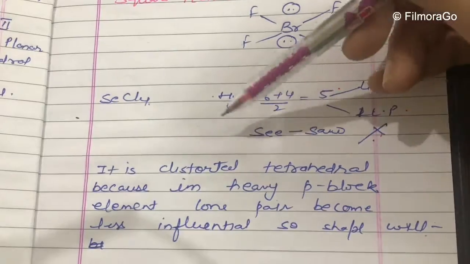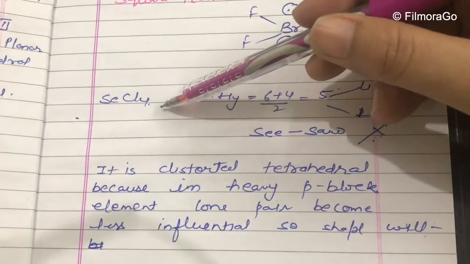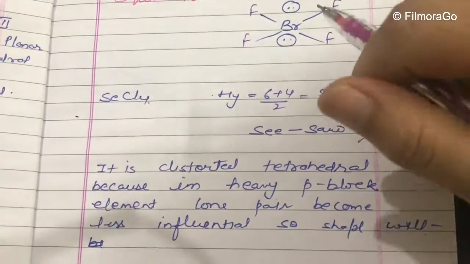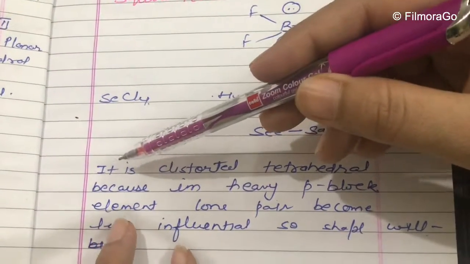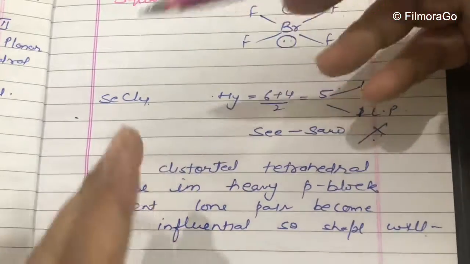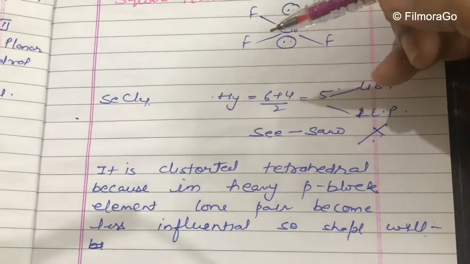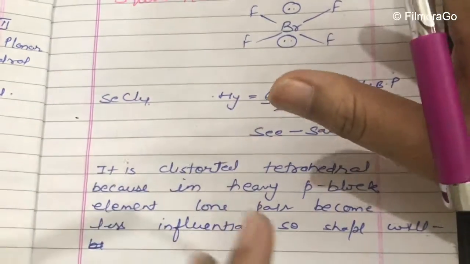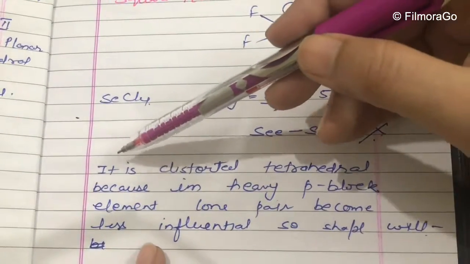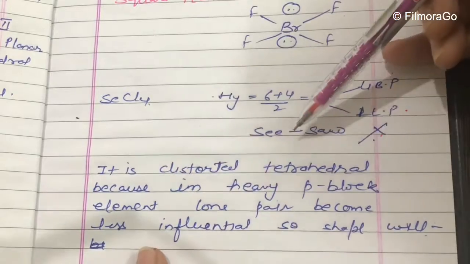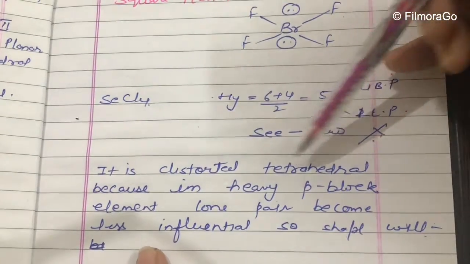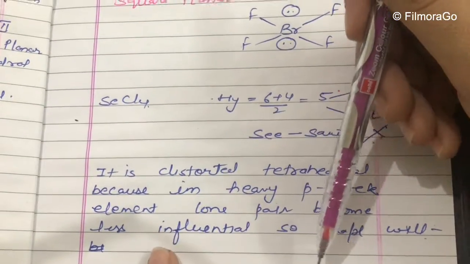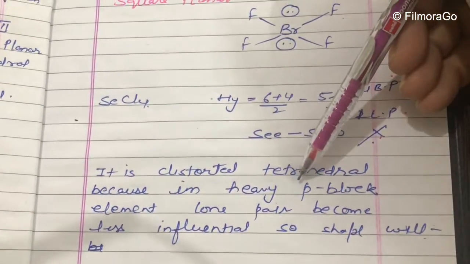But actually the structure of SeCl4 is not seesaw, because in heavy p orbital elements the lone pair does not show much influence on the structure of the compound. So the structure of SeCl4 is distorted tetrahedral, because in heavy p block elements the lone pair becomes less influential, so the shape will be distorted tetrahedral.